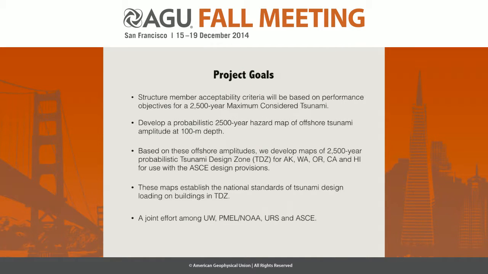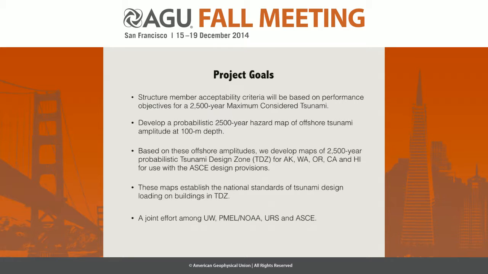So the project goal is that the ASCE structural criteria will be based on a 2,500 year maximum considered tsunami. So for the first step, we'll develop a probabilistic 2,500 year hazard map for the offshore tsunami amplitude at 100-meter depths.